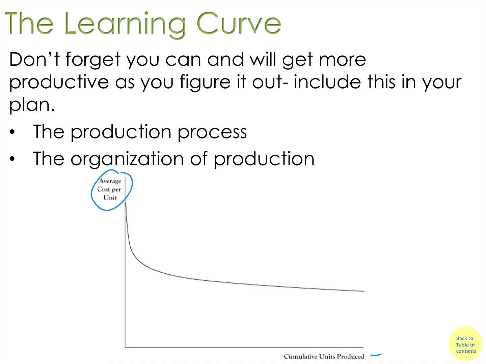So cumulative units produced, as you produce 1 to 400 to next year, at the end of next year, you've produced 10,000, right? Watch your learning curve and see what happens to your average cost per unit. It may drop. So there's that always to think about as well. In planning, it's hard to plan for, but in most production processes, the wrinkles get ironed out over time. Unless you live in COVID and the supply chain gets disrupted. Another story.